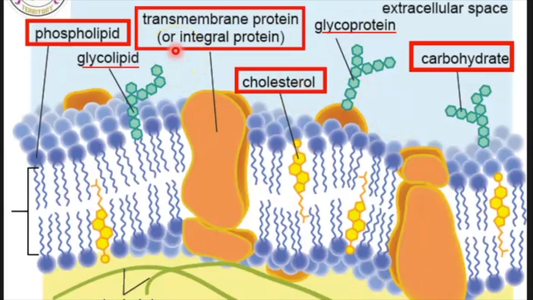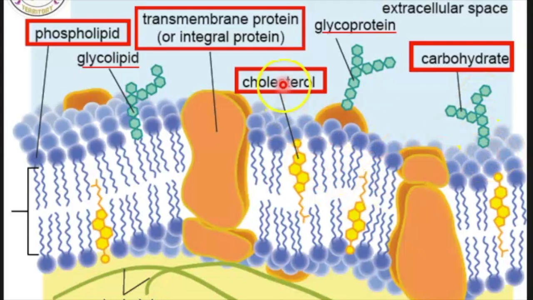Here are the components of plasma membrane: phospholipid bilayer, globular protein, integral proteins, carbohydrates, which are components of glycoprotein and glycolipids.